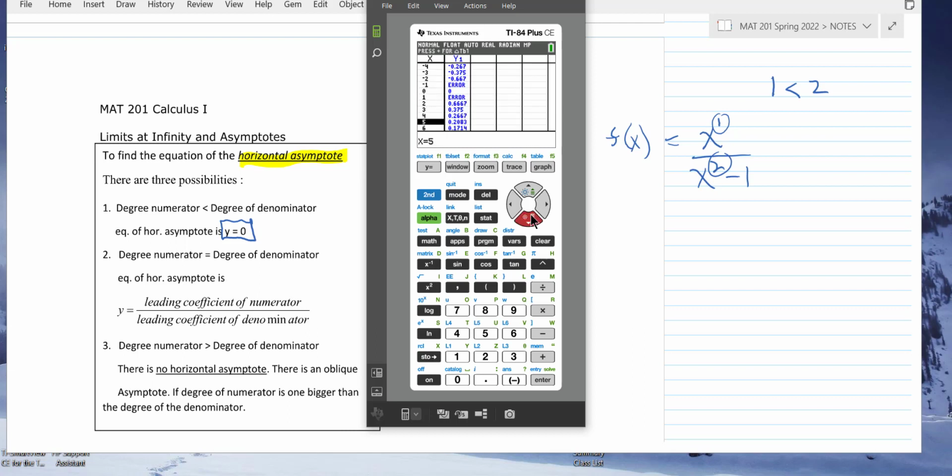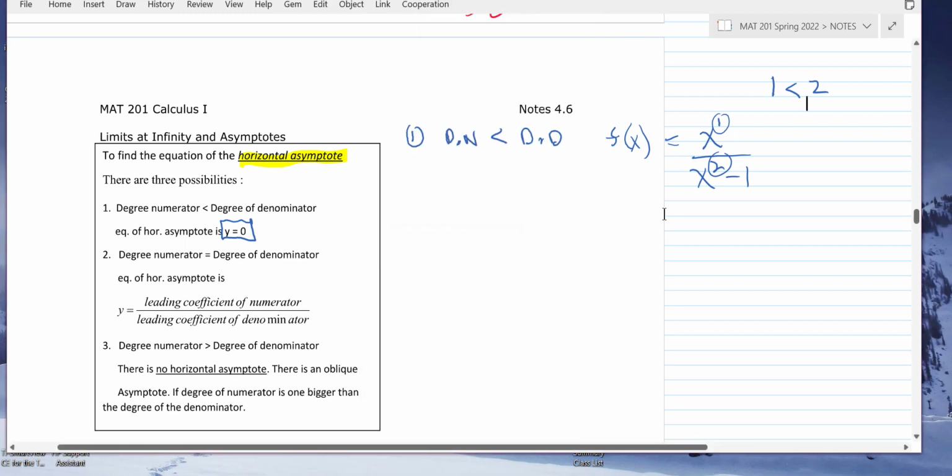So if I just scroll down, see as x gets bigger, look what's happening. x gets bigger and bigger, this thing just gets closer to 0. It's never going to hit 0. It's never going to be negative. That's impossible. But the further you go in the x direction, either left or right, the closer that thing is going to get to 0. Okay, so you'll be able to see that.